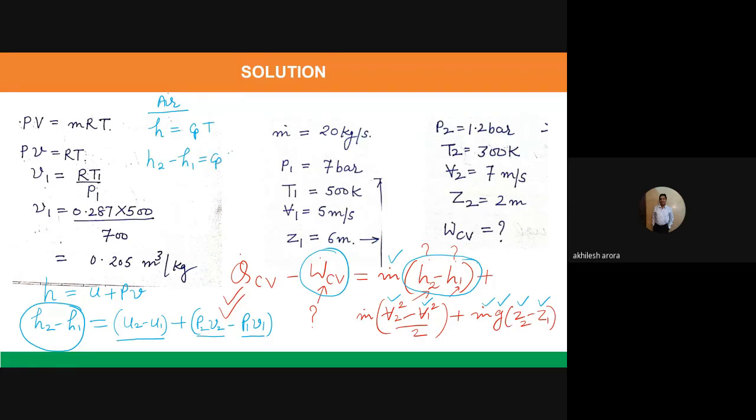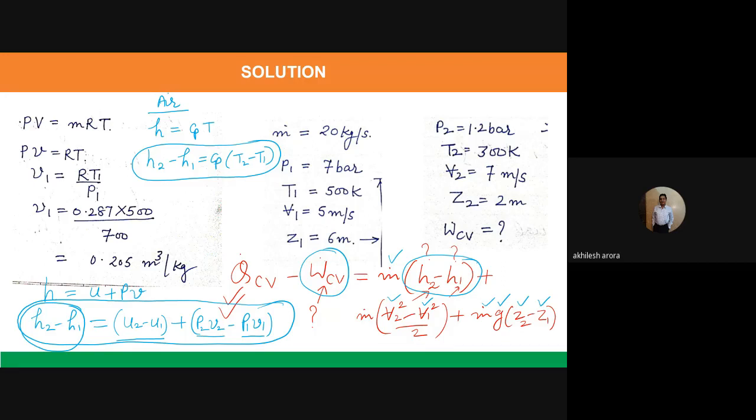So I can use either this equation or the other equation for calculating h2 minus h1. My mode, meaning better, no doubt, is this one because it is easier to calculate.